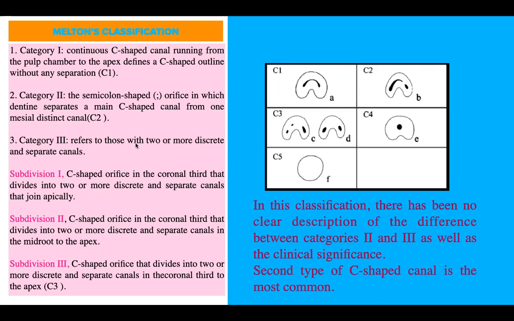But nowadays we are not following Melton's classification, because in this classification there has been no clear description of the difference between category 2 and 3, as well as the clinical significance. But one most important thing we can draw from Melton's classification is that the second type of C-shaped canal is the most common. So this may come as a question in an MCQ exam.